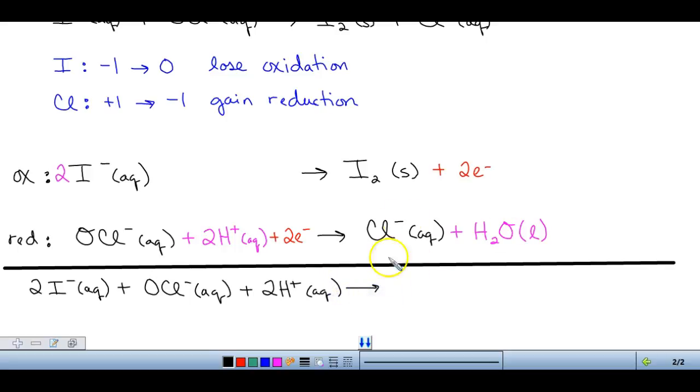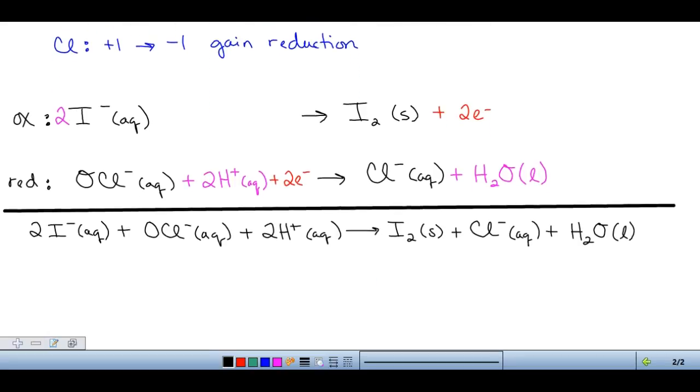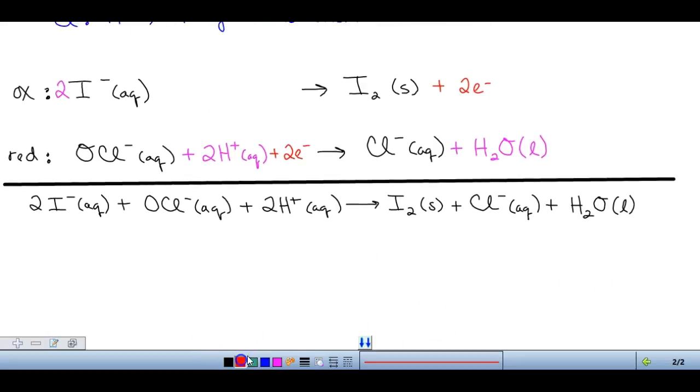Onto the products, we've got some elemental iodine, a chloride, and a water. Now, if this was done in acidic solution, we would be done, but we're not. Since we are balancing this in basic solution, we have to add another step.